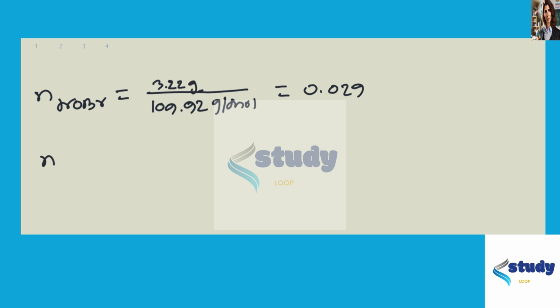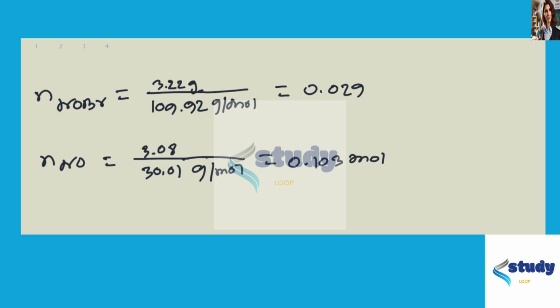So similarly, if we just divide each mass by their molar mass, for NO, the mass is 3.08, and its molar mass is 30.01 gram per mole, which will give us a value of 0.103 mole.